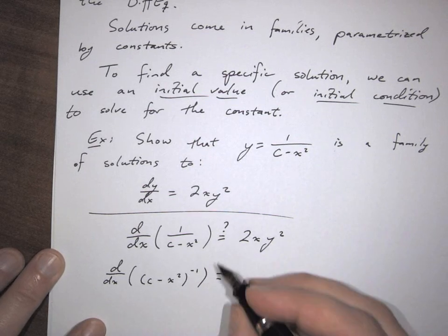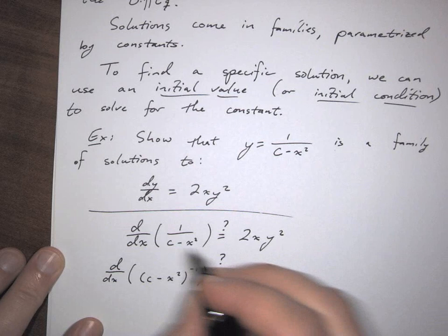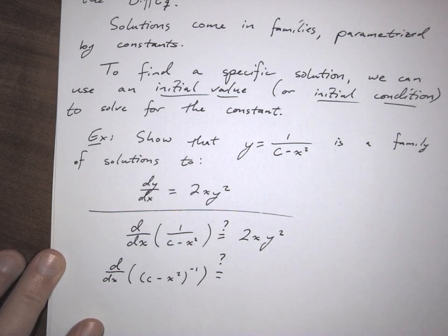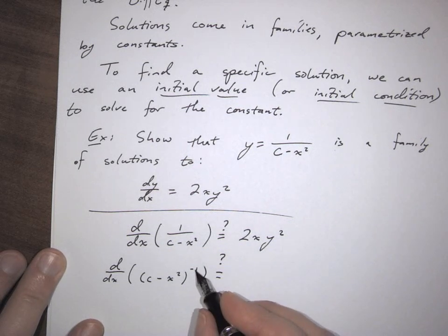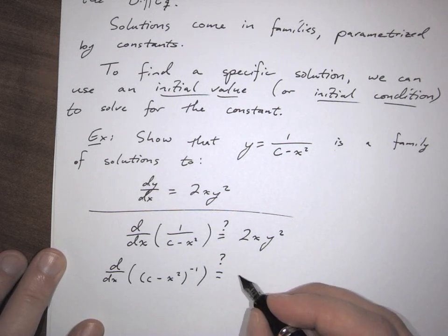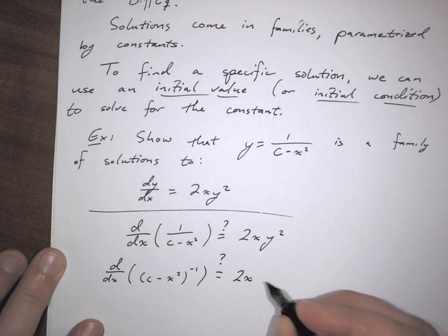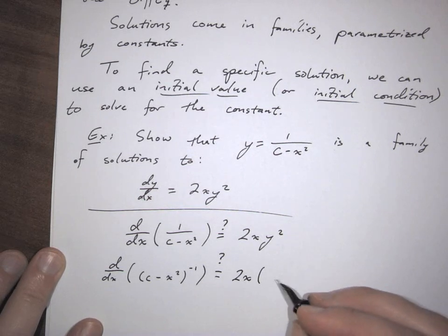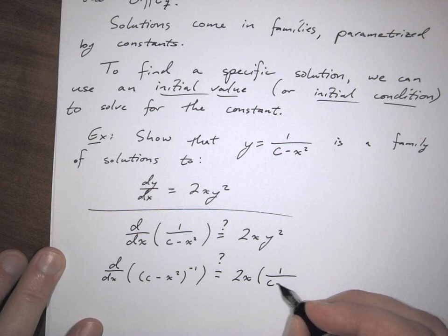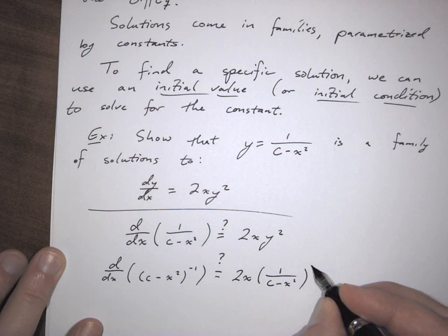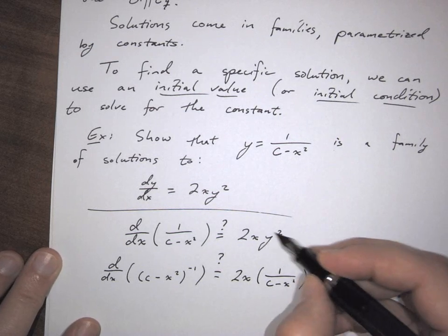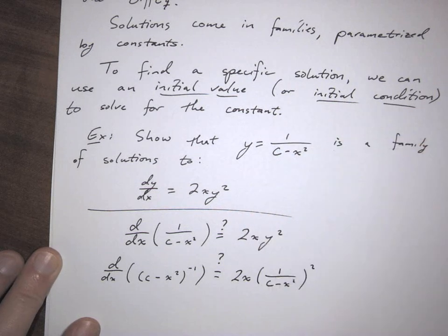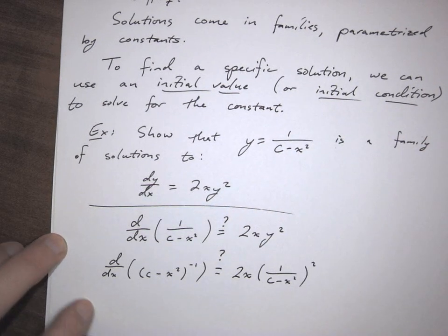I've rewritten it this way because it'll be easier to take the derivative. You could do this using the quotient rule, but that's unnecessarily complicated when we can instead rewrite it this way and use the power rule and the chain rule. And this is supposed to come out equaling the same thing as 2x times 1 over c minus x squared, quantity squared. So now I've just substituted in for y the formula that we were given for y.